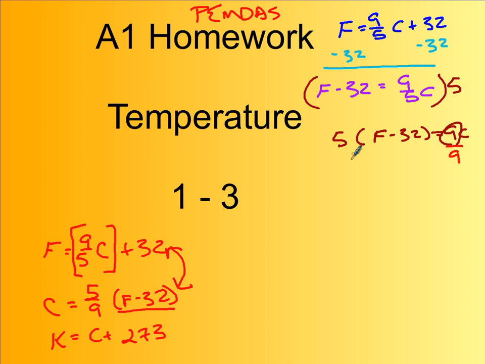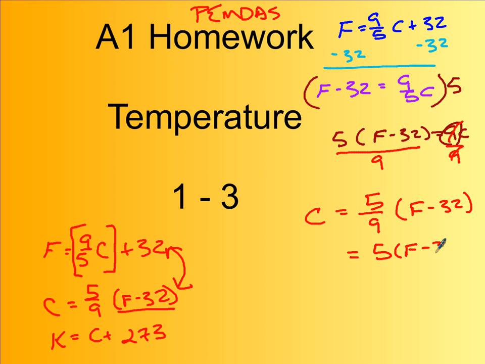So that 9 cancels, and I have C is equal to 5 times (F minus 32) divided by 9. This is the exact same thing as 5/9 times (F minus 32). This is just a shortcut way of writing it.